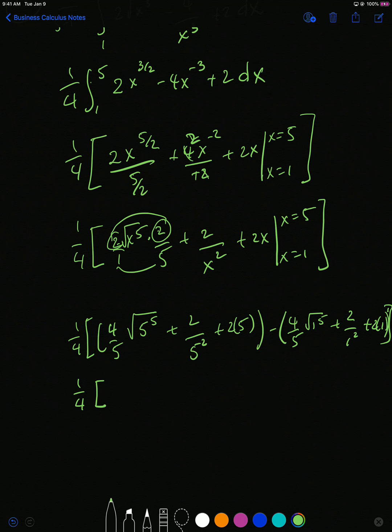It's a good thing you have a handy dandy calculator, right? So let's type all of this in right here. 4 divided by 5 multiplied by the square root of 5 raised to the 5th power, plus 2 divided by 25 plus 10.